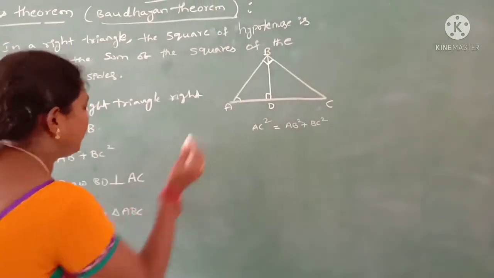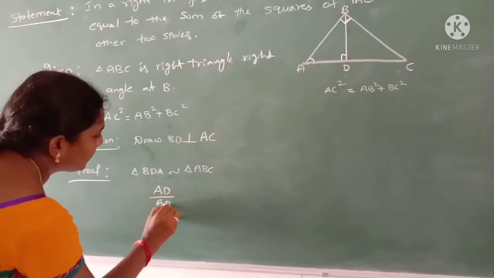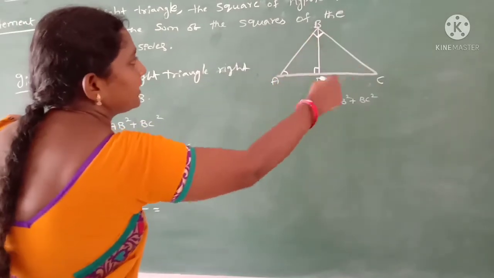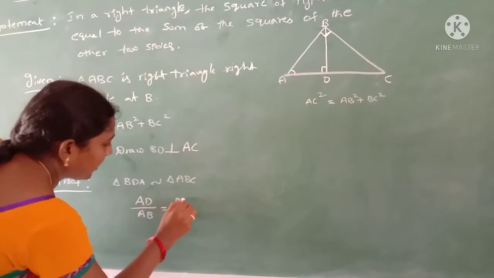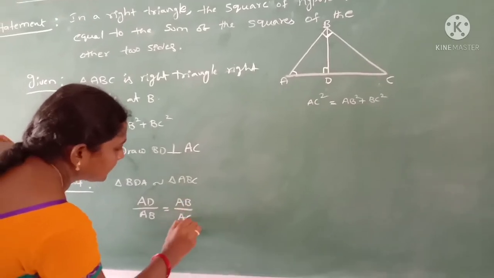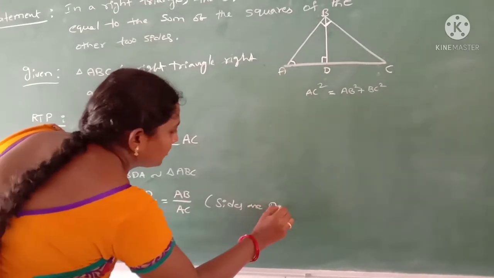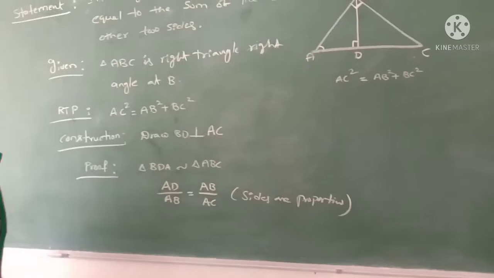AD by AB is equal to, taking the triangle ABC, AB by AC. It means the sides are proportional.